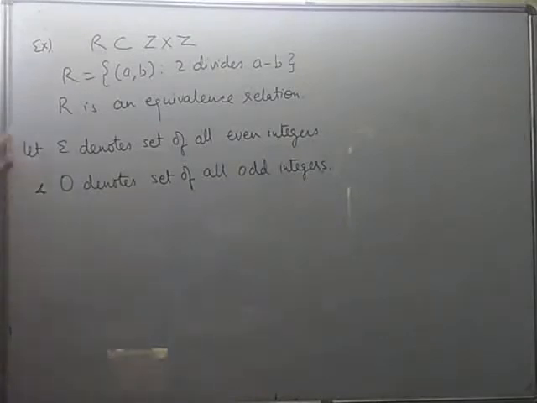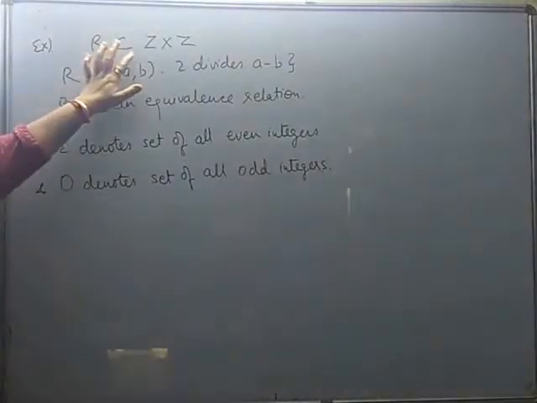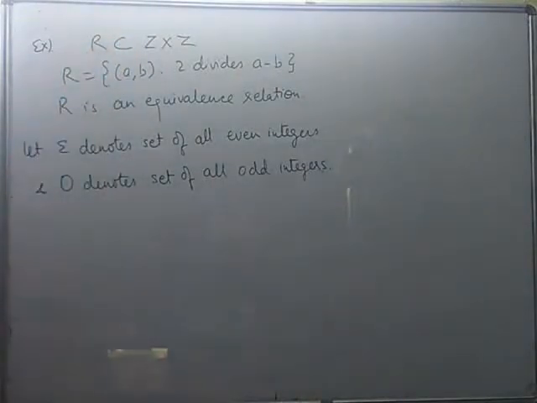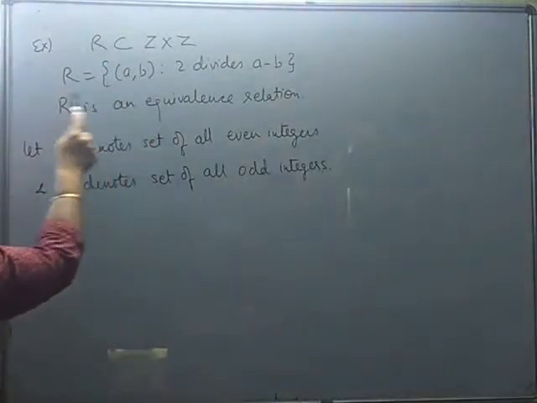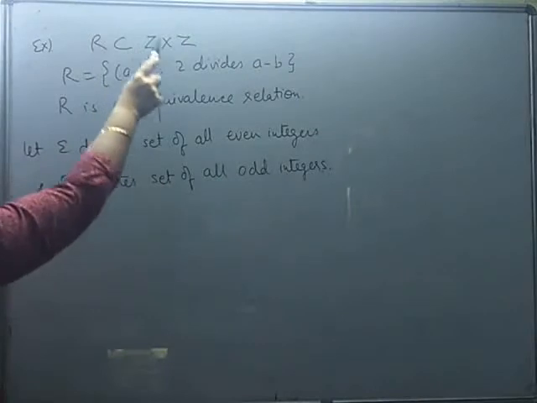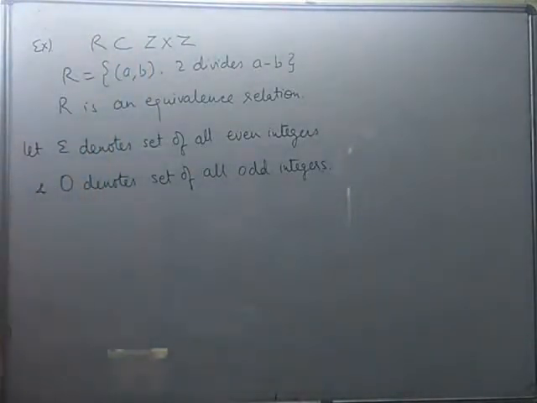We are only checking whether it divides the given set of integers into such subsets which can be called equivalence classes or not. If you read the relation very carefully, you will see R is going to divide the set Z into exactly two subsets whose elements are going to satisfy the relation.